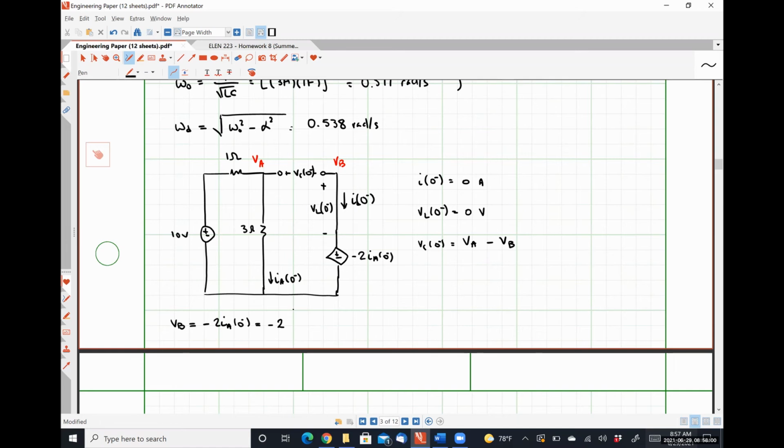Okay, so 10 volts divided by 1 ohm plus 3 ohm is going to give us, -5 volts, if my mental math is correct. -20 over 4 is -5, yeah. Okay. How do we get VA?